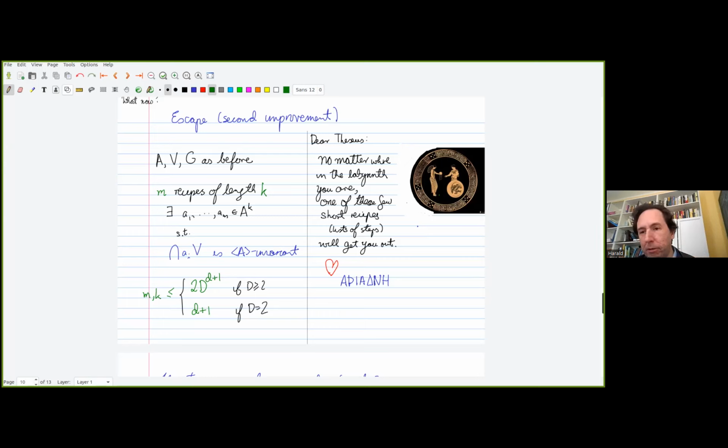Recipes being a certain succession of steps, meaning just, first multiply by this element of the set of generators and another, then another. And then no matter where you are in the labyrinth, at least one of these boundedly many recipes will get you out of the labyrinth. The recipe book is blind, but one of these recipes will get you out. And actually, the number of recipes and the number of steps in each recipe is not large. It's the same as before in the improved version.